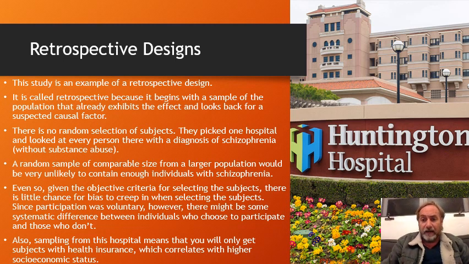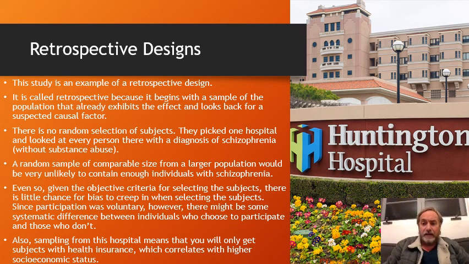So you do have to look out for potential bias, right? But they did, again, use objective criteria. These are people diagnosed using the DSM, right, in a clinical setting. There can be other ways that bias can creep in, though. So, for example, people could choose whether to participate in this study or not, right? It was voluntary.